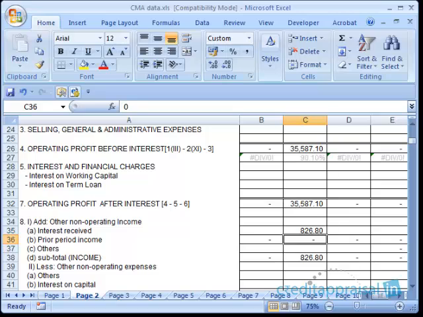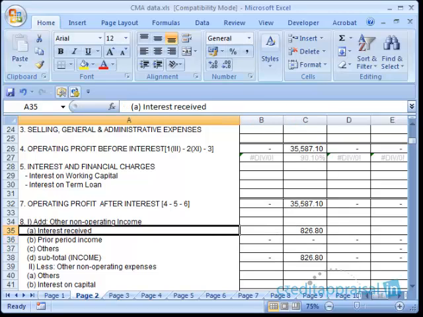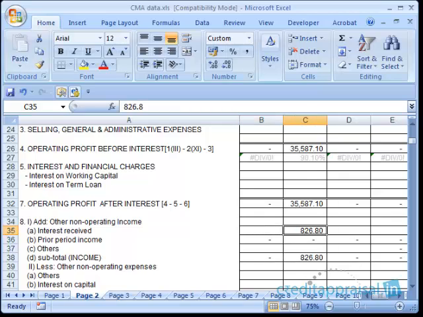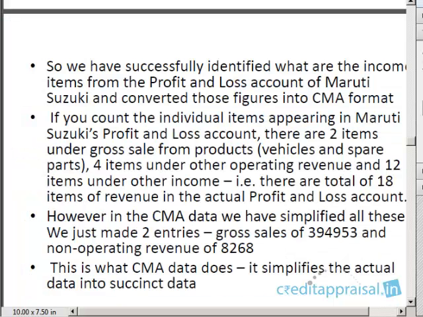So we are showing this under interest received, but since this is a single entry, you can put it under others instead, 826.8. Doesn't matter, right? So we have entered the income items related to Maruti Suzuki into the CMA data.